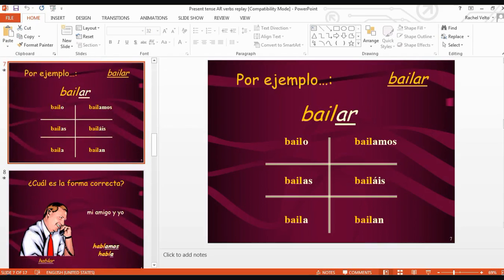Last example, to dance, bailar. So I want you to think in your head as I'm going through who's doing the action. Think about who belongs in which box, who belongs with which ending. So if I say, yo bailo, what does that mean? Tú bailas. Who's doing the dancing? Baila.